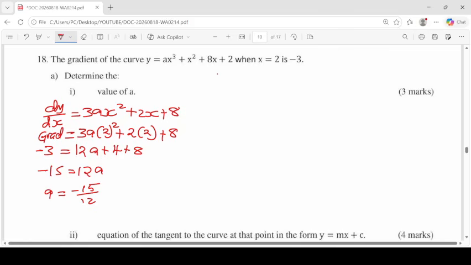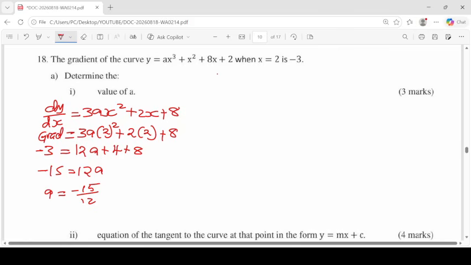When you have negative 15 over 12, I hope I'm doing it the right way. Let me confirm again. 3x squared plus 2x plus 8 is equal to, when x is 2, so this is 4, 12, 4. All right, let us see.